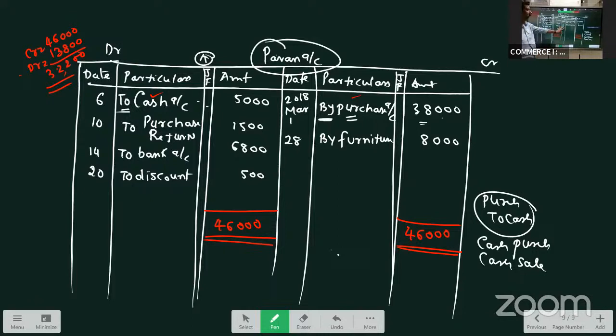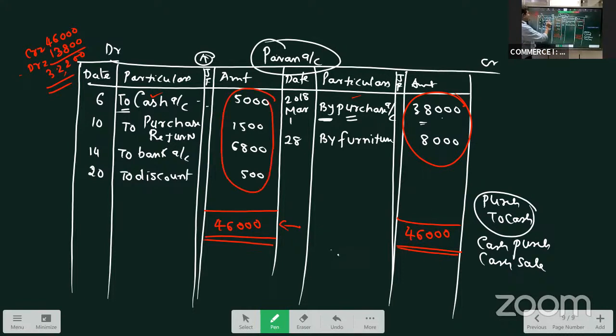Shall I tell once again? While balancing, we first see which side is heavy. In our case, credit side is heavy. Credit side total is 46,000. So we should write that 46,000 on the credit side, and the same we should write on the debit side also. And then we should do the total of debit.